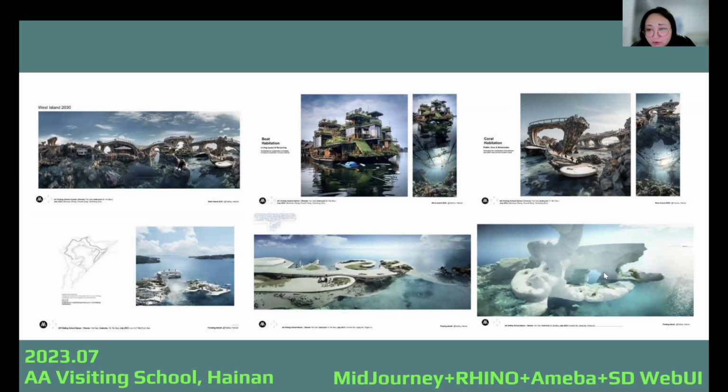We only have the massing model. And then we used Midjourney for ideation, as a reference image to feed into the Stable Diffusion web UI. I don't think people are using Stable Diffusion quite a lot these days because there are more and more software or platforms with better user interfaces.